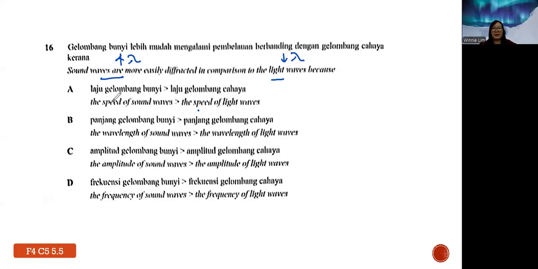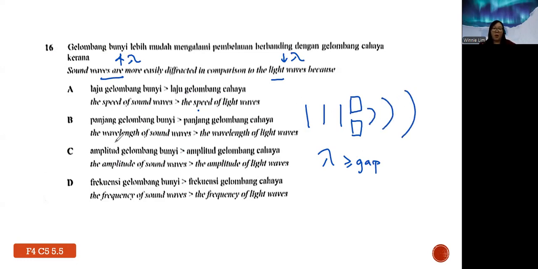So this is the reason behind it. If you want diffraction to occur, this one is for water, your wavelength must always be more than or equal to the size of the gap. Then it will become obvious. So that's why the correct choice is the context of wavelength. Nothing to do with speed, amplitude, or frequency. The answer is B.